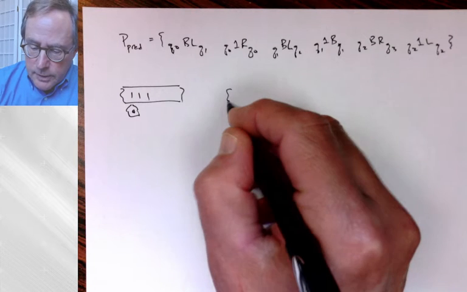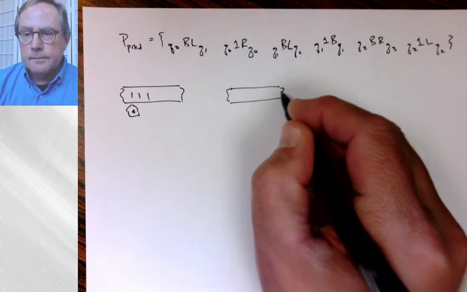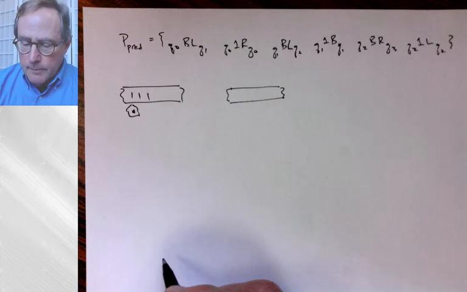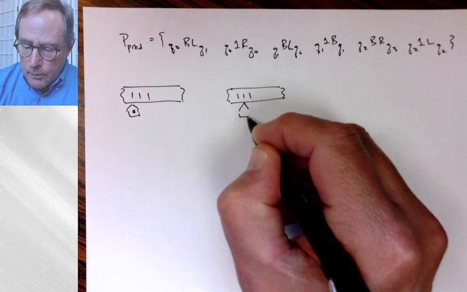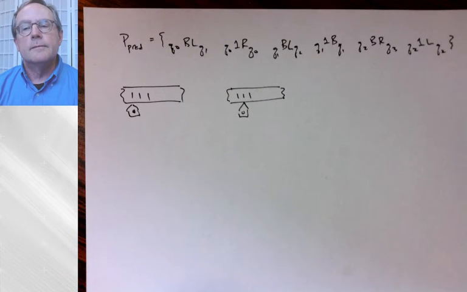So here's my picture of the tape again. Not a very good drawer. There are the three 1s, except that now I've moved the head one to the right. And that's all there is to it. You just follow the instructions as they come up and keep doing what they tell you to do.